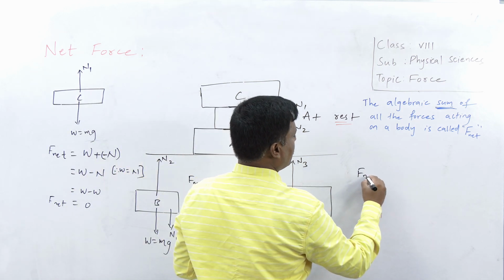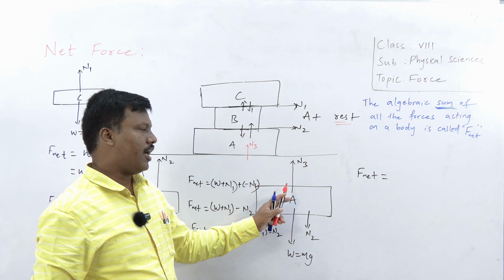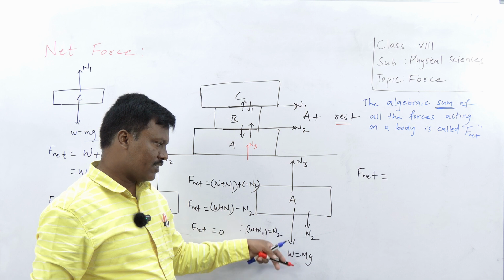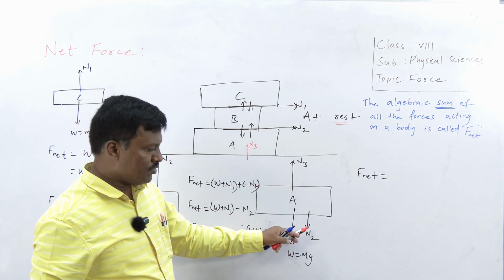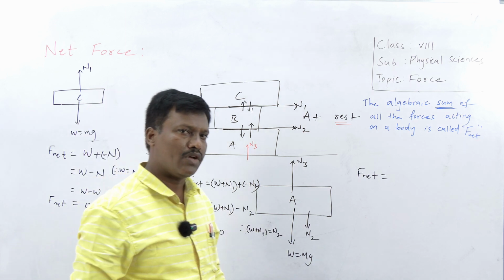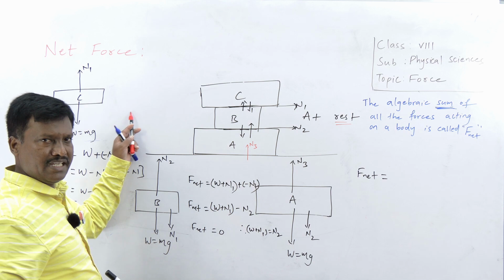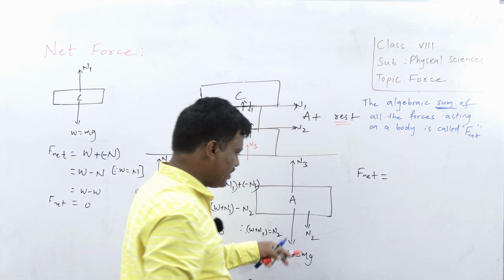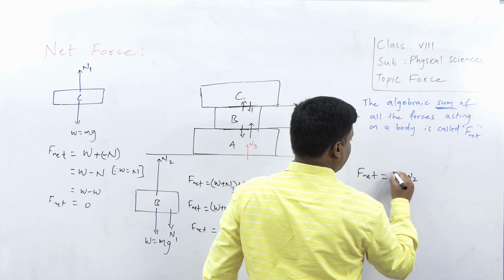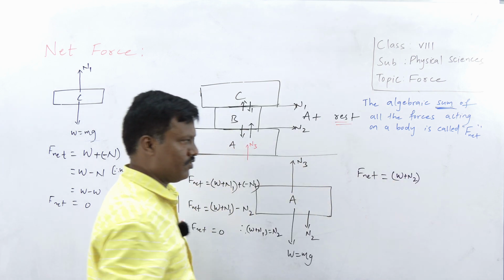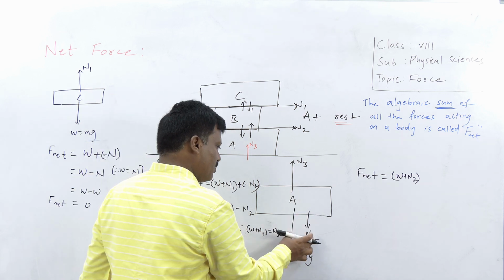Now we are going to write the equation for this. How do you write the equation? Net force is equal to, total how many forces are acting? 3 forces. Among these 3 forces, 2 forces are acting downward, right? The other force is acting upward. As these 2 forces are acting downward, we have to add them, because when 2 forces are acting in the same direction, as I explained previously with one example, W plus N2 together are considered as one force. The resultant force of these two is one, and the other force is acting opposite to these two forces.